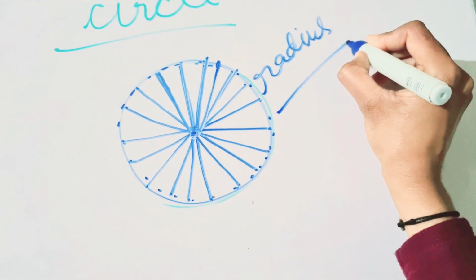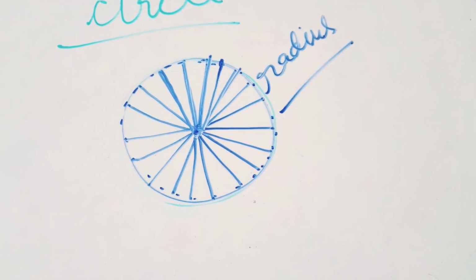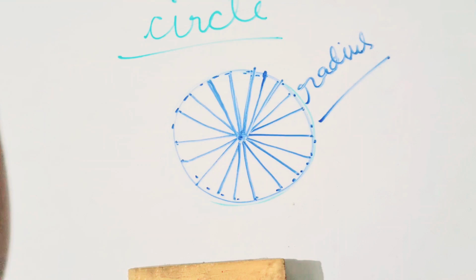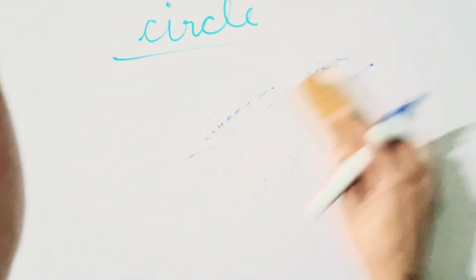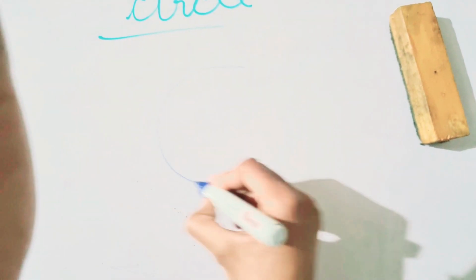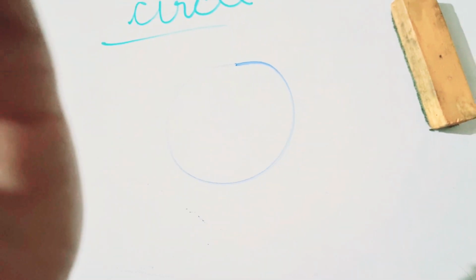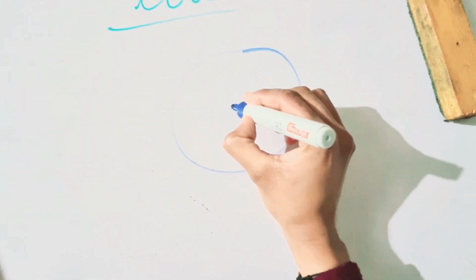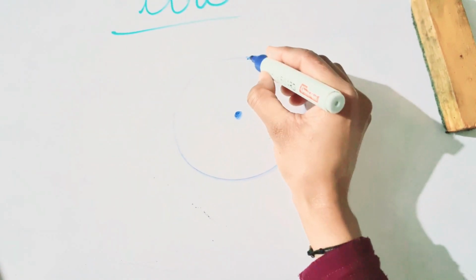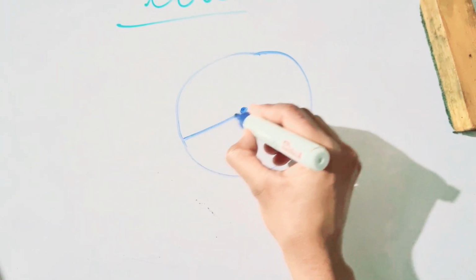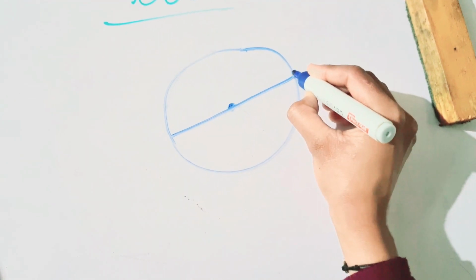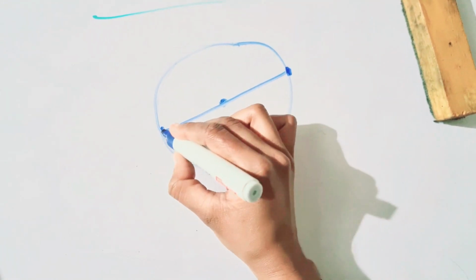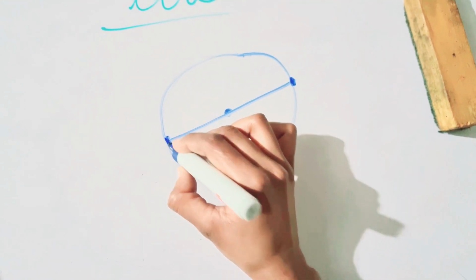Another term is the diameter. So what is diameter? If this is the circle, and this is the center, then if you draw any line through the center and meeting the circle at both the ends, this is the fixed line segment.